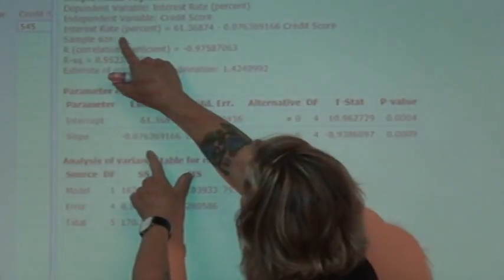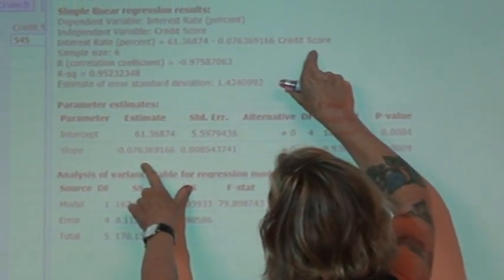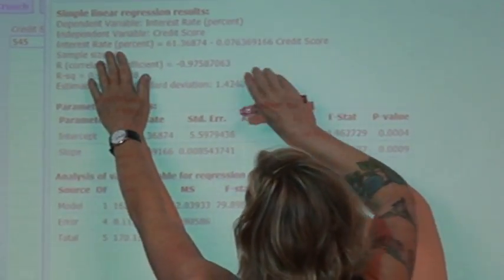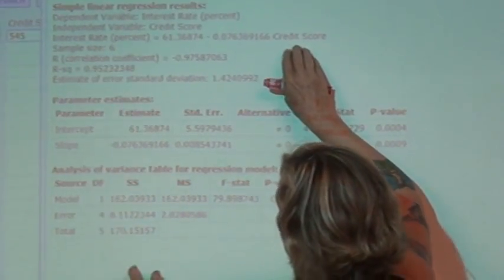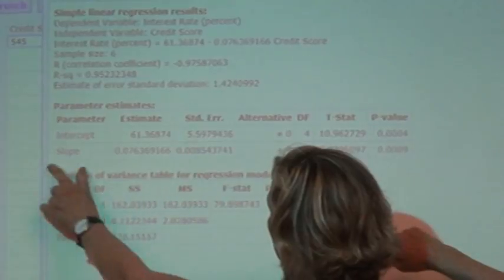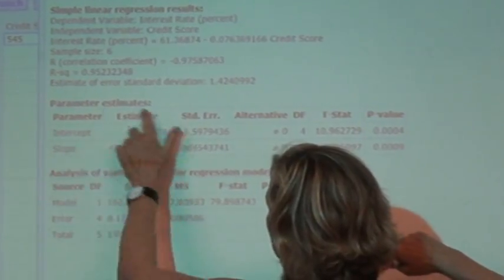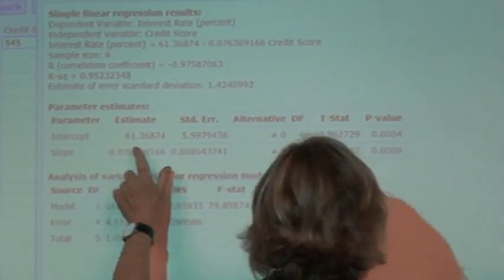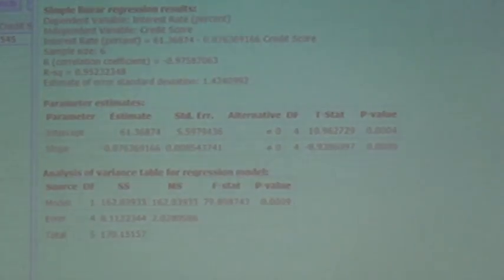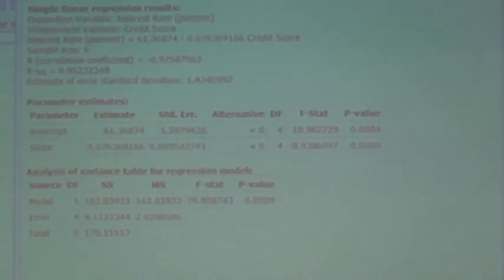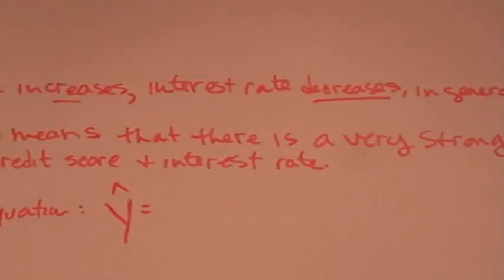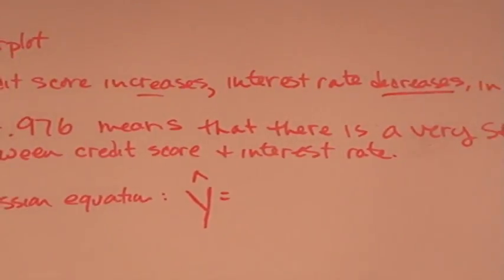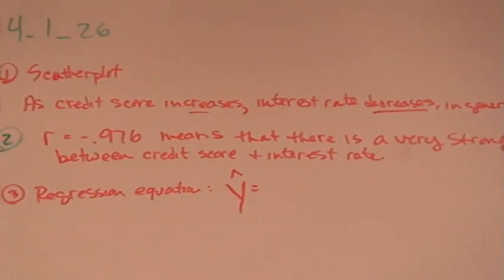It also gives you the regression equation at the top in terms of the actual variables, interest rate and credit score, but they're also out in the middle individually in your output. So the regression equation is y hat. What's the slope here? Negative 0.076.